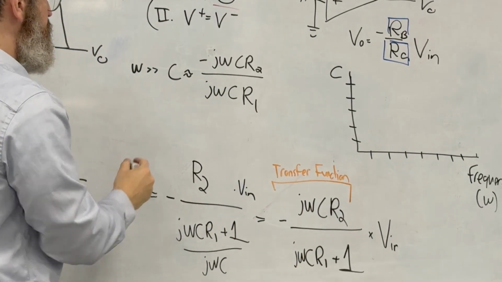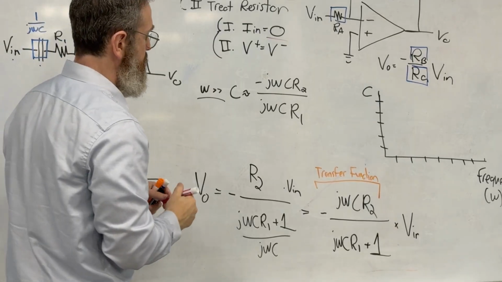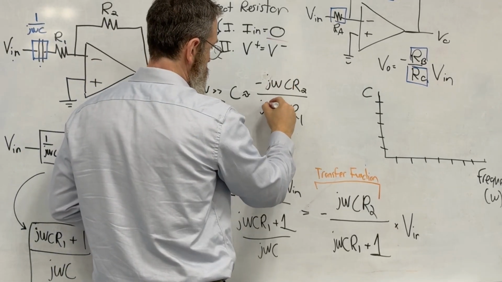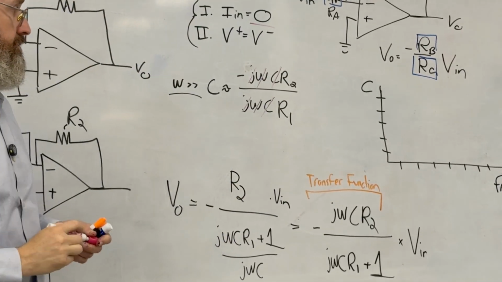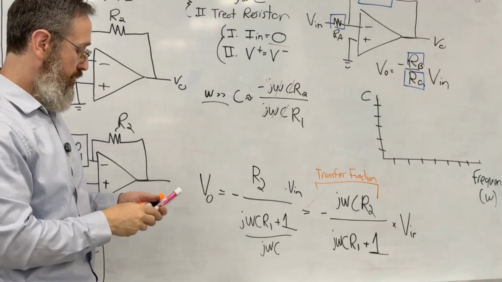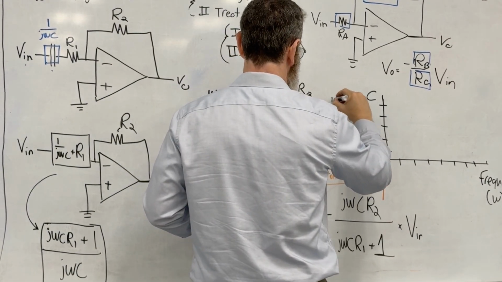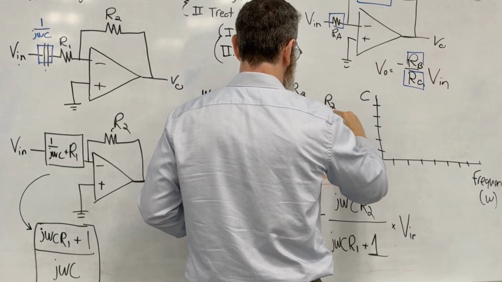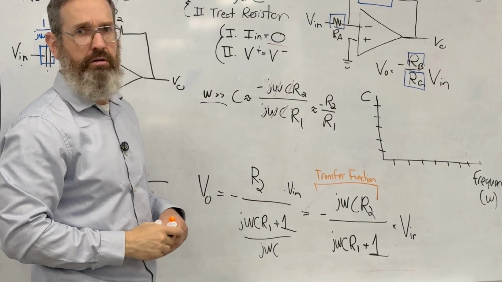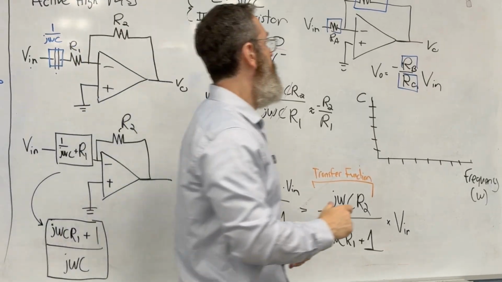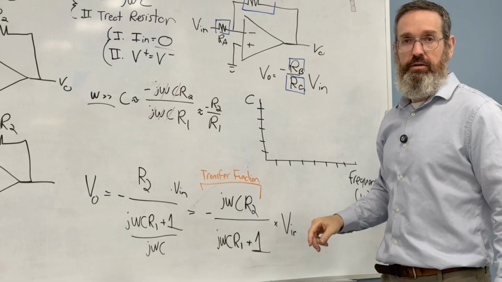This is for very high frequency. This cancels, that cancels. And we're left with only minus R sub 2 over R sub 1.